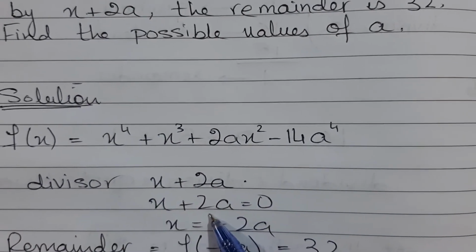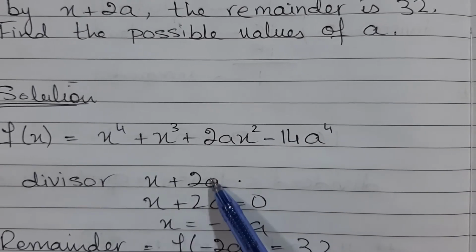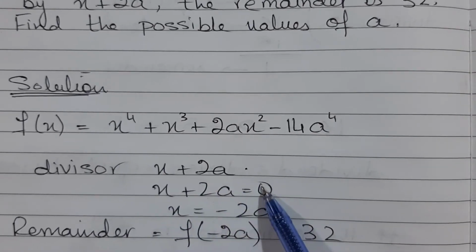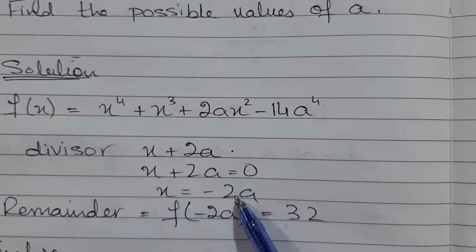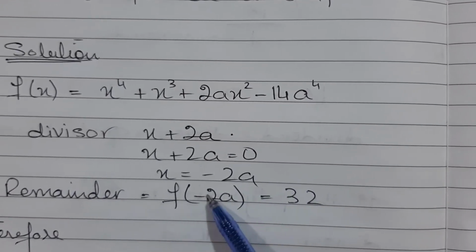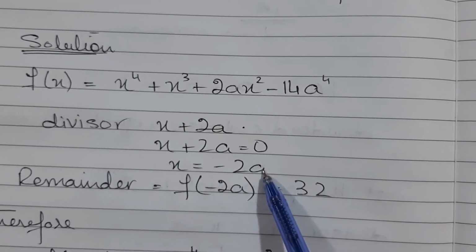I have to find the value of a when my remainder is 32 when I divide it by this. So I will put it equal to 0 and I will get the value of x, which is minus 2a. So it means when I substitute minus 2a in this polynomial, my remainder will be 32.